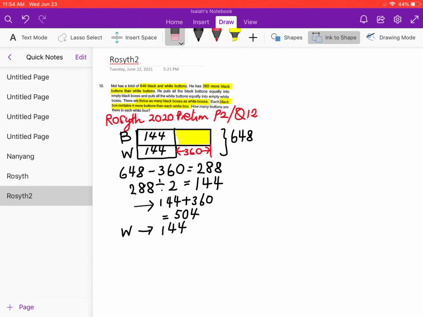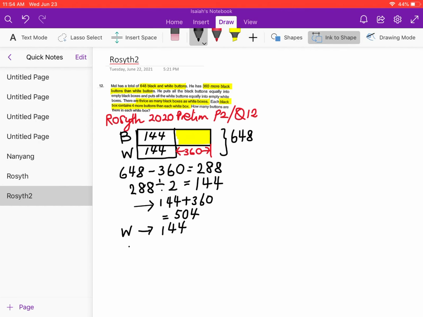Now let us move on to the next bit of information. All these black and white buttons are put equally into black and white boxes. Upon finishing putting the buttons into the boxes, it was found that there are 3 times as many black boxes as white boxes.